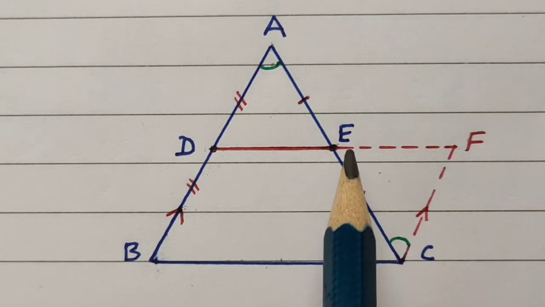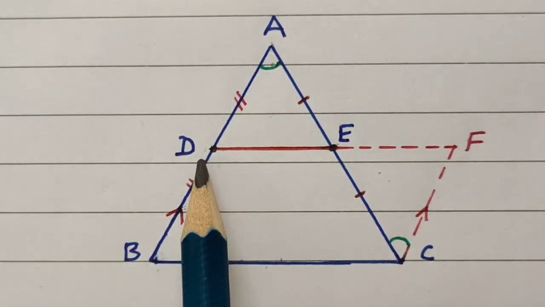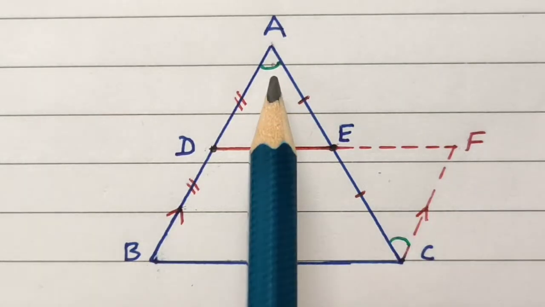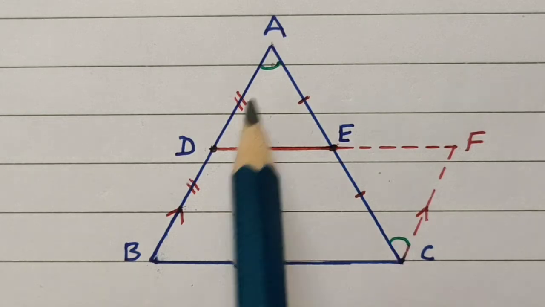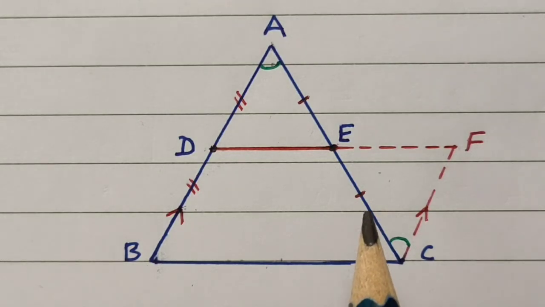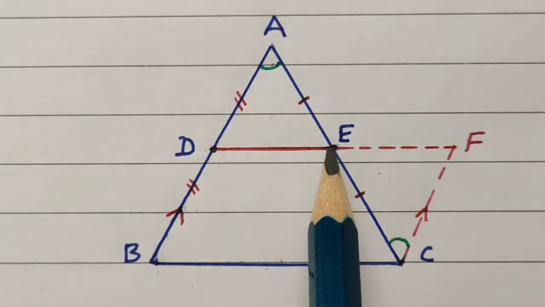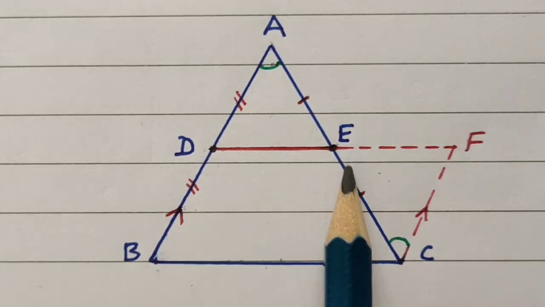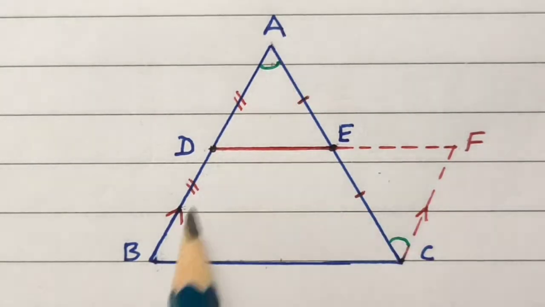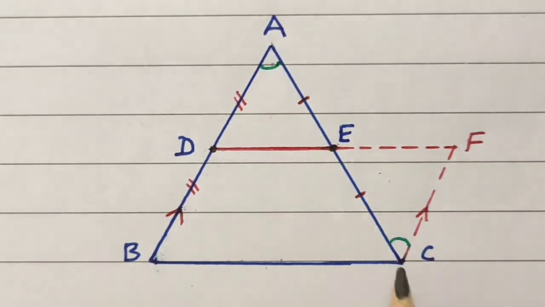Here the angles EAD and ECF are equal because they are alternate interior angles, because AB is parallel to CF and AC is a transversal. Alternate interior angles are equal.